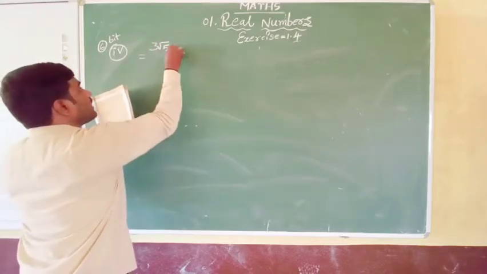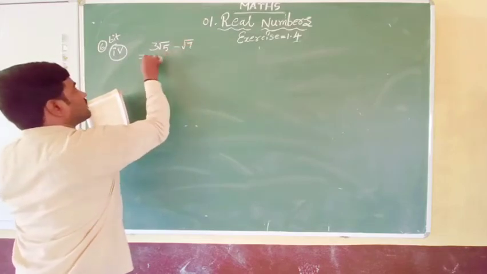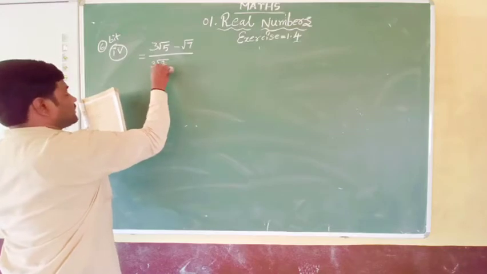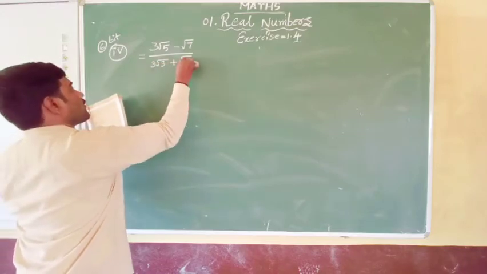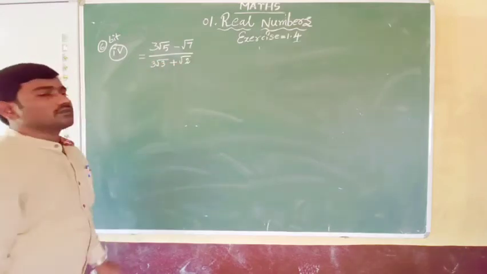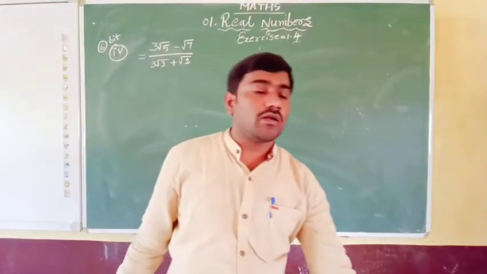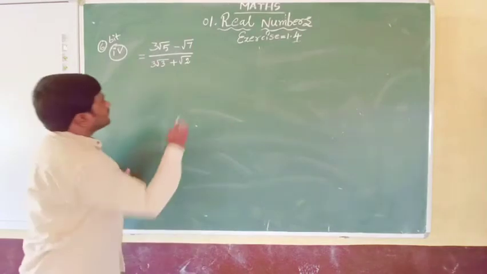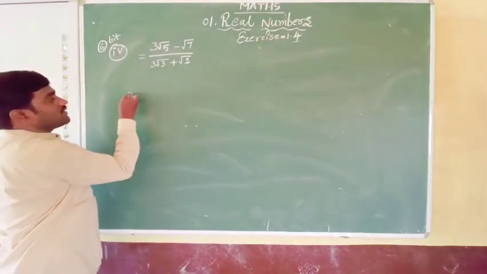(3√5 − √7) / (3√3 + √2). Okay, let us do this problem now without any difficulty. Let us rationalize the denominator first.